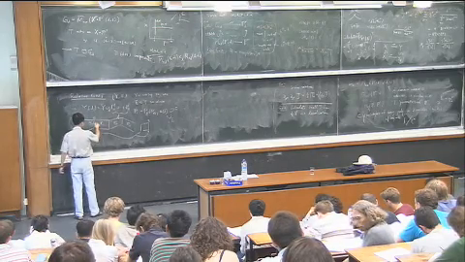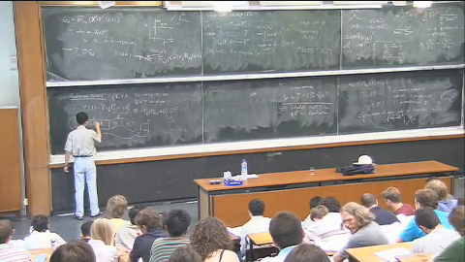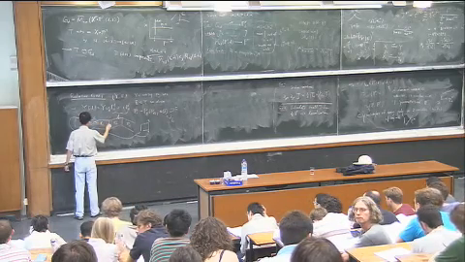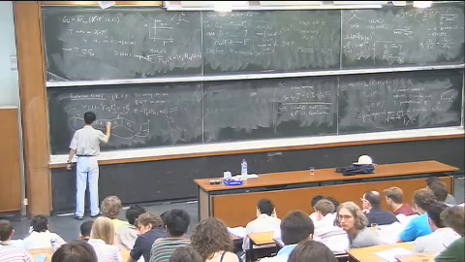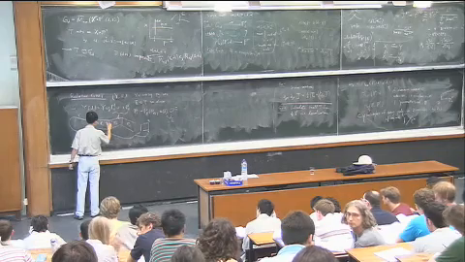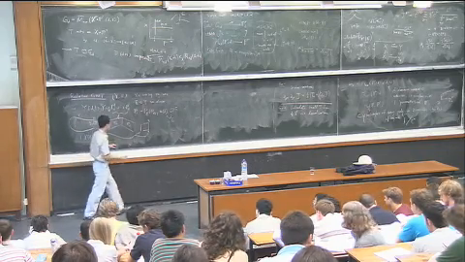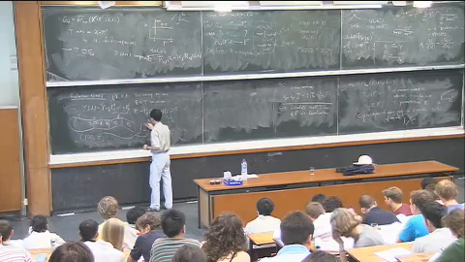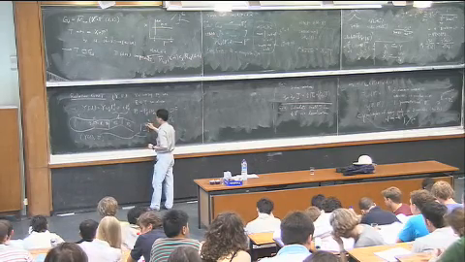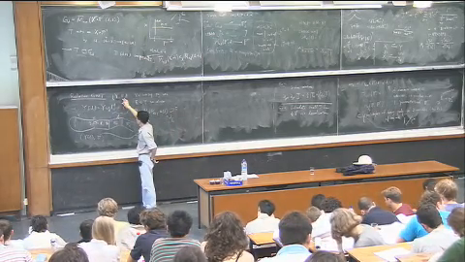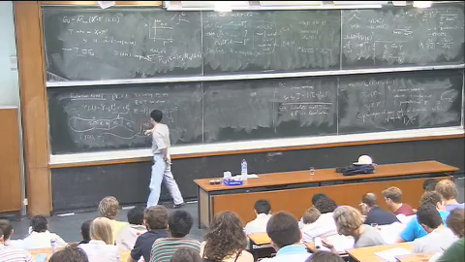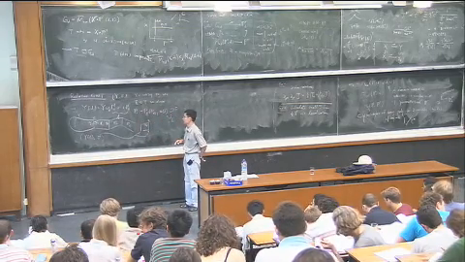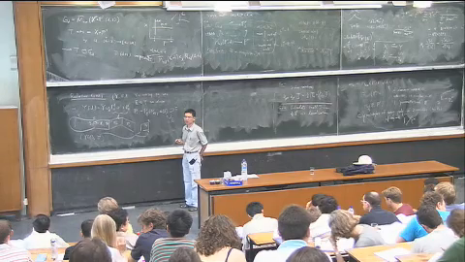So this E has normal direction N_{E/Y}. I want to make sure this direction is N_{E/Y} dual, and this normal direction is N_{E/Y}, etc. So this E again will be the original normal line bundle of E in Y. That tells you how I glue it.